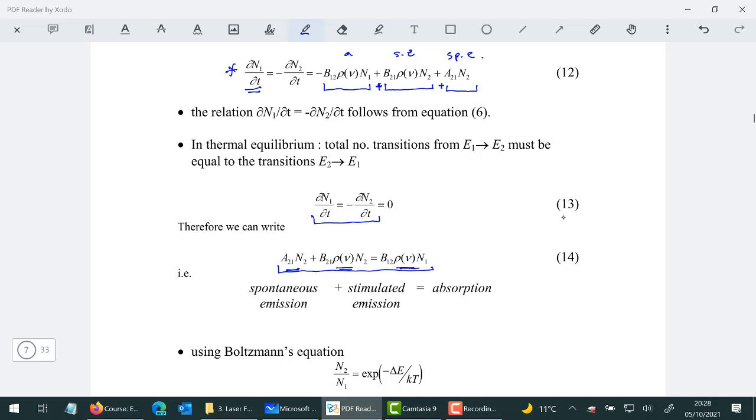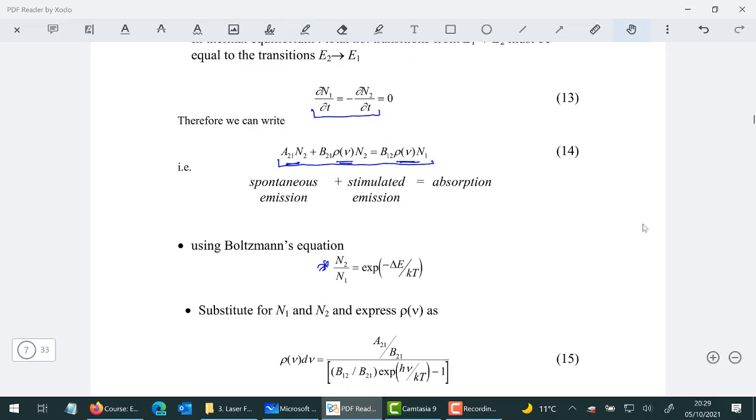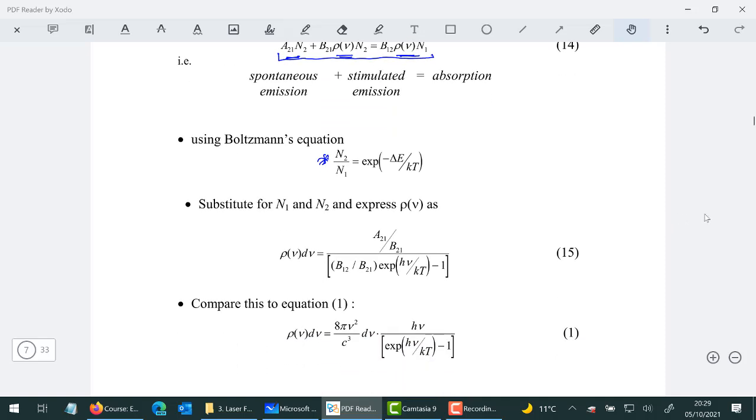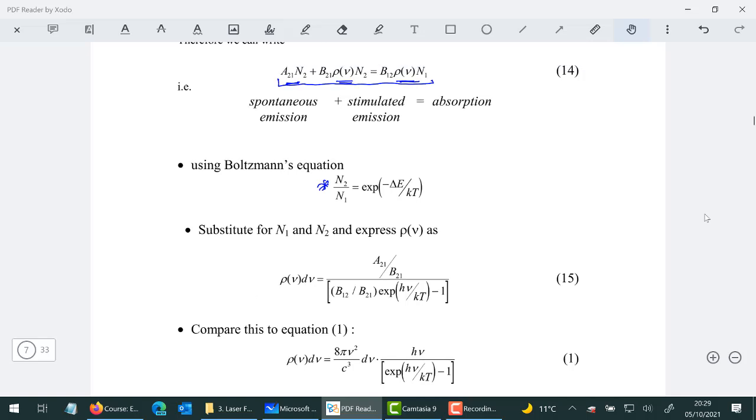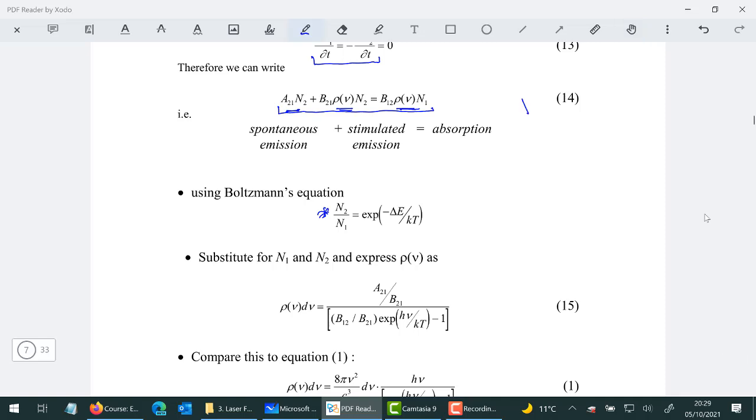We can also look at the relationship that we already have between N2 and N1. We have Boltzmann's equation, that the relationship between N2 and N1 is given by an exponential. And we can substitute those values for N1 and N2 into the expression in equation 14. So we can make that substitution and rearrange the equation to find the energy density or the radiation density.